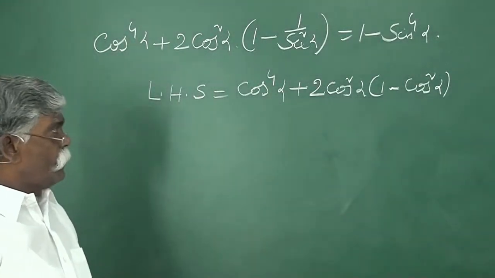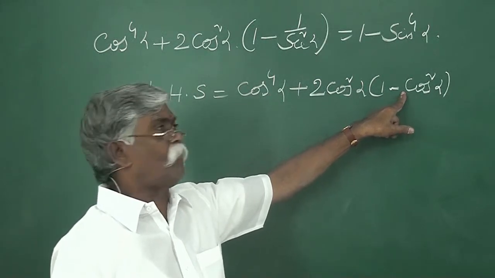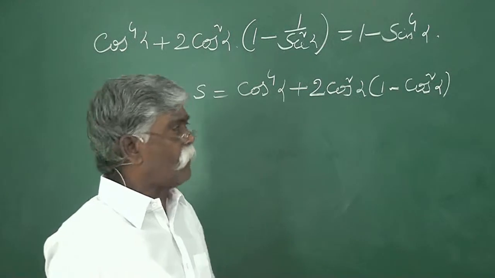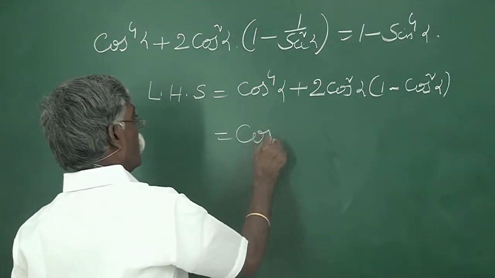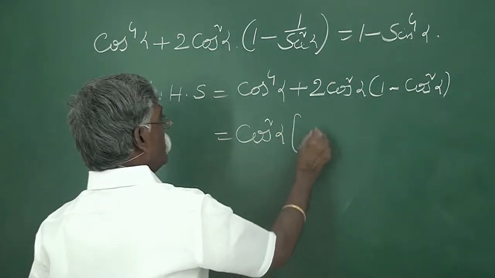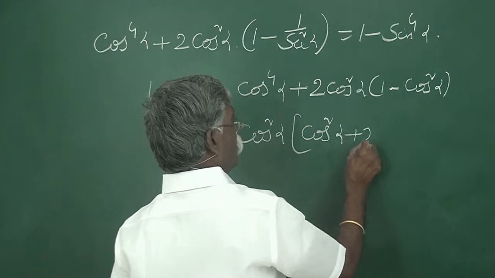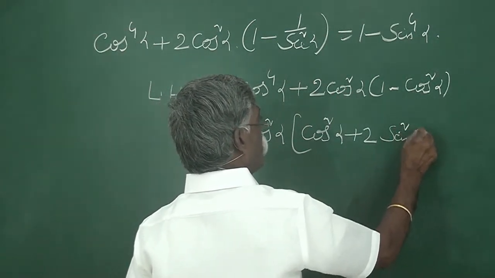Now 1 minus cos square alpha can be written as sin square alpha, and here cos square alpha can be taken as common factor. Therefore we will take cos square alpha as common. So this is cos square alpha plus 2 into, this is taken out and this becomes sin square alpha.